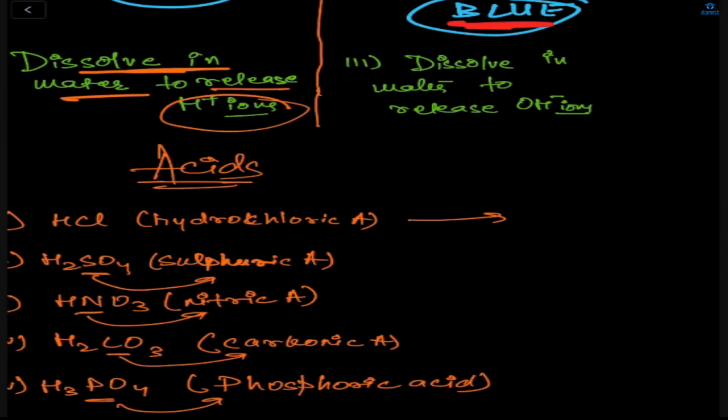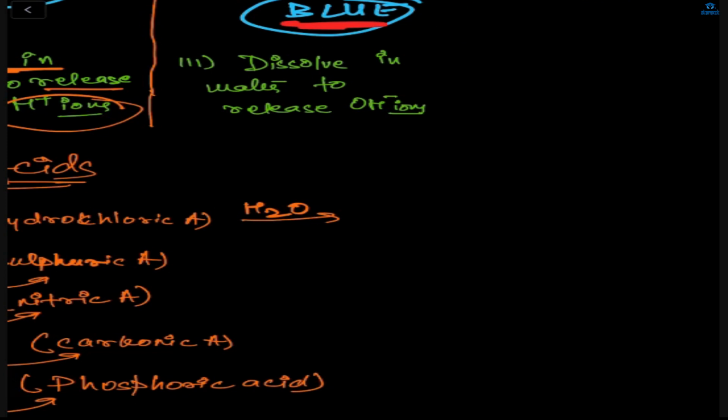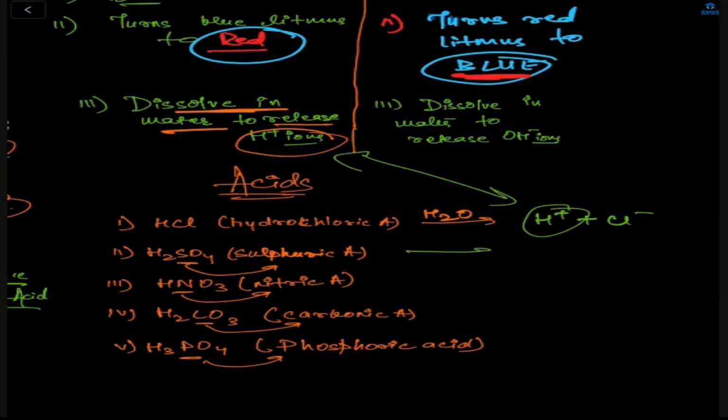Now, if we dissolve this acid into water, it should release H plus ion. So what will it be? HCl gives H plus and Cl minus, meaning it's releasing H plus ion. Sulfuric acid in water gives H plus and SO4 minus. Here also it's releasing H plus ions, so this point is valid.